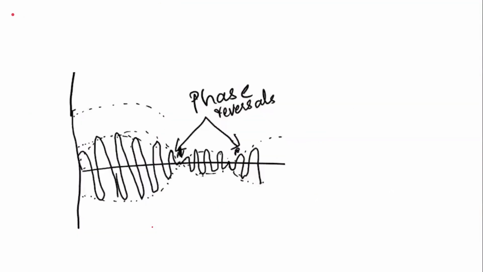Yes, ma'am. So see, this is an over-modulated case. The envelope of the message signal is getting distorted and the carrier is experiencing phase reversal. This is just a point to note for an over-modulated signal.